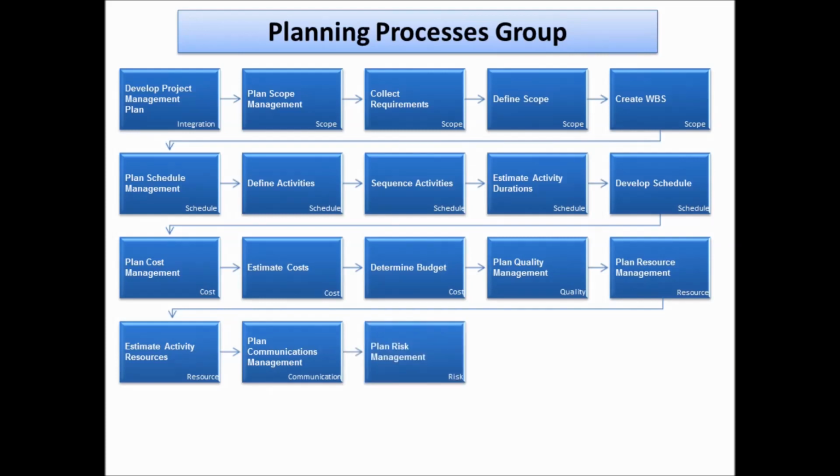So the next process is plan risk management. Here is where we plan how we will approach risk management. Here is where we plan for the uncertainty in the project. So we will ask ourselves as an organization, what's my risk tolerance? What's the risk appetite? All these will be defined here.